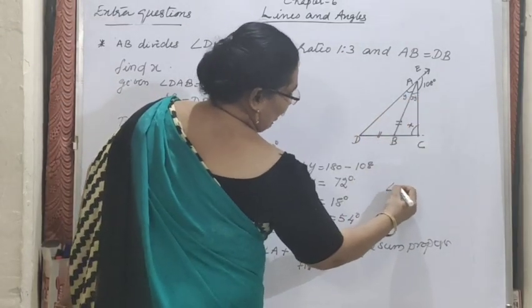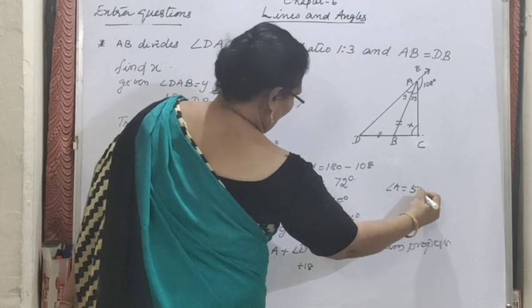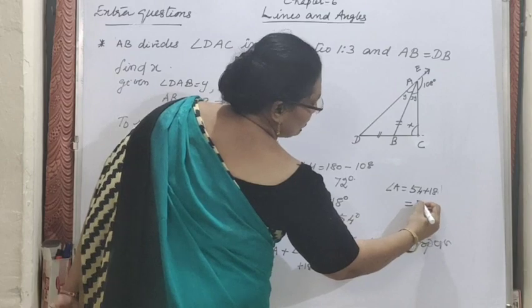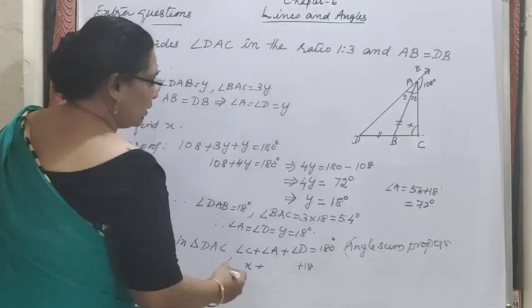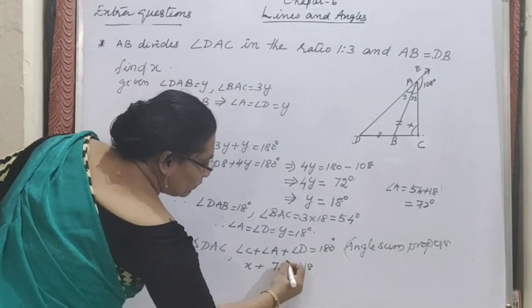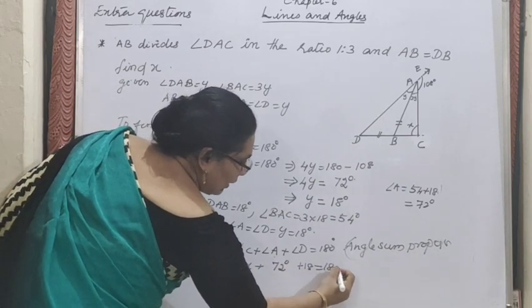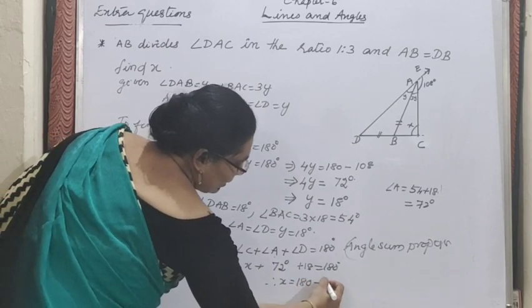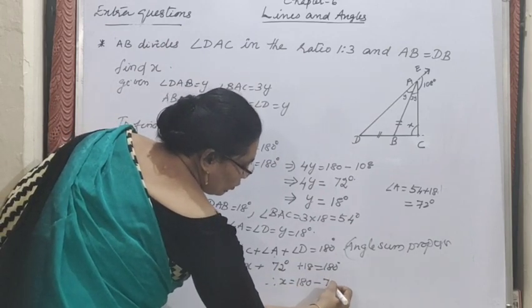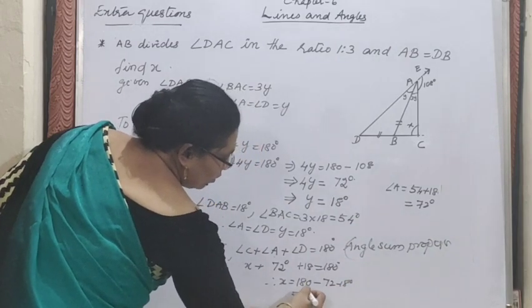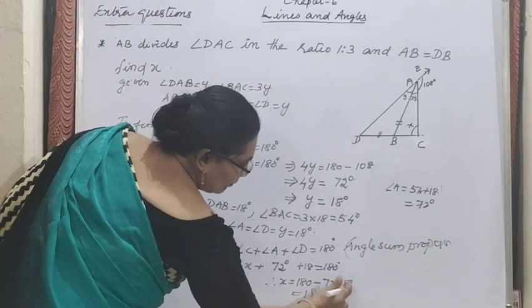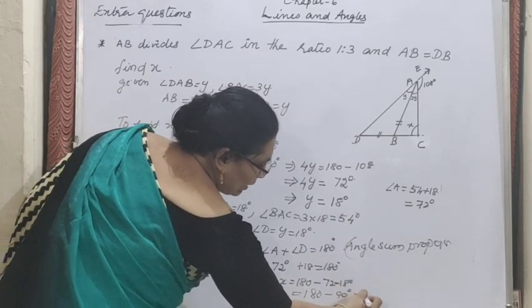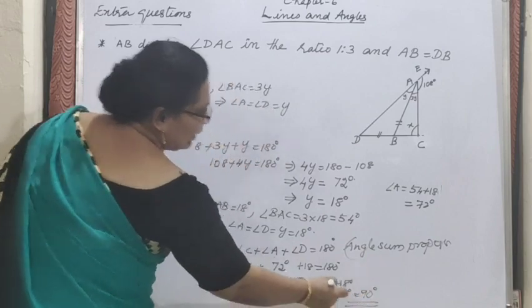So angle A equal to 54 plus 18 degree, it is equal to 72. Angle D equal to 18. Right? So I'll write here x plus 72 plus 18 equal to 180 degree. Therefore x equal to 180 minus 90. So finally what is the answer? x equal to 90 degree.